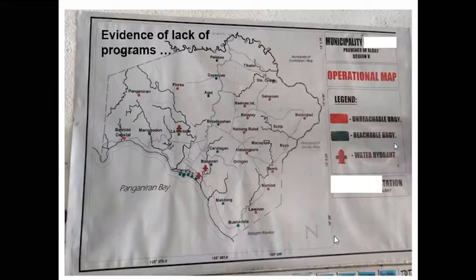Okay, now looking at this map, meron kang makitang red, basahin mo, red. Unreachable barangay. Okay, nakita niyo yung green. Yes, sir. Reachable barangay.